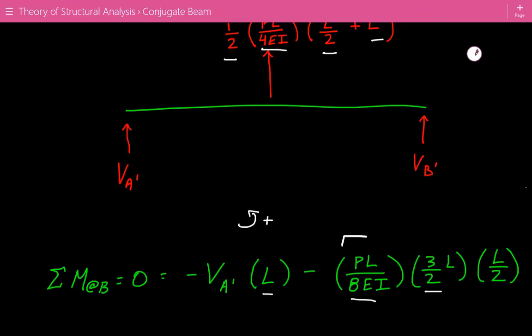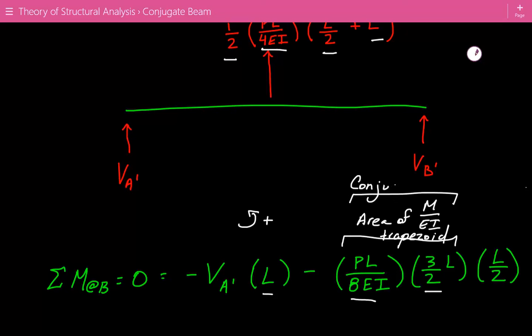And this whole thing is equal to the area of the M over EI trapezoid. So that's the resultant load, the conjugate load resultant. And the moment arm of this load is equal to L over 2, because from here to here, it's L over 2.